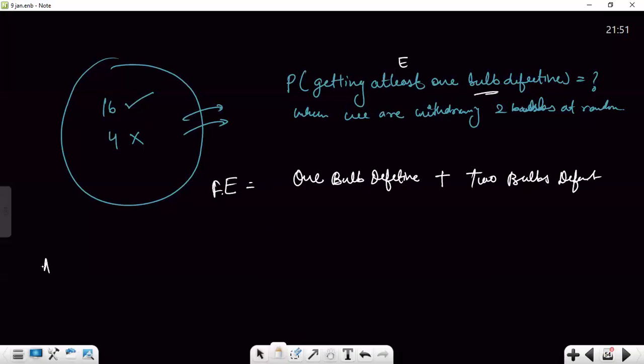What all events are there when we withdraw 2 bulbs? Both of the bulbs can be defective, or one of the bulbs is non-defective, or both of the bulbs are non-defective. These events can happen, right?